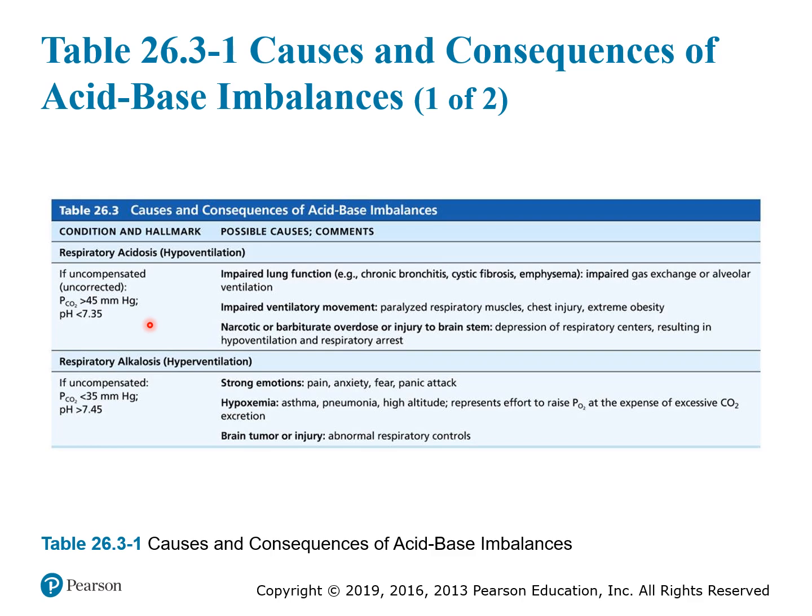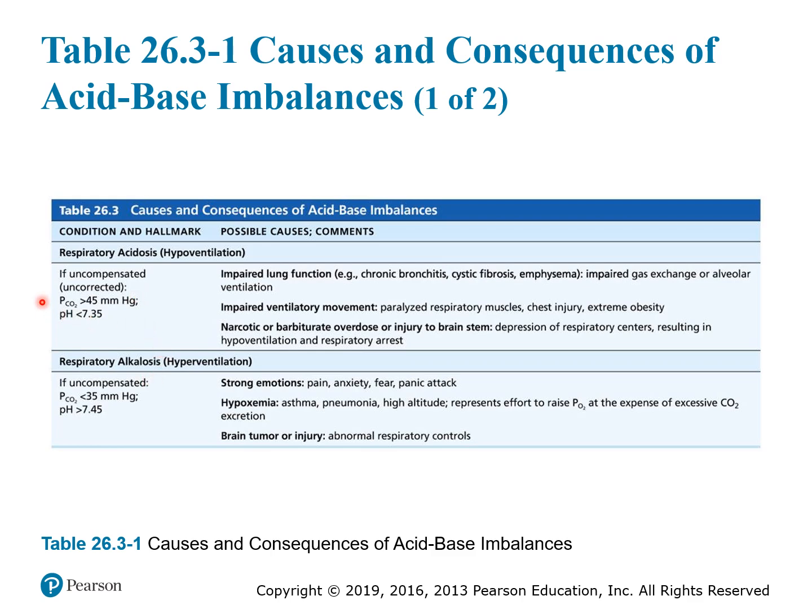The kidneys try to compensate, and because of that the values of the partial pressure of carbon dioxide and bicarbonate will change somewhat. So the picture is not going to be as it is in the uncompensated case. So first we learn about the uncompensated and uncorrected.